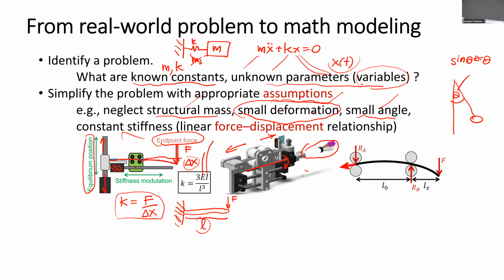So in this concept, what we can see is we can adjust the length L. If we change the roller position close to the end point, we're going to decrease the length L, isn't it? If we decrease the length L, do you think we're going to have bigger or smaller stiffness?